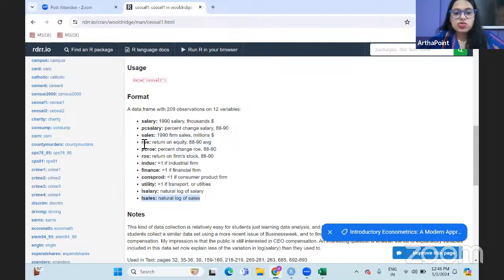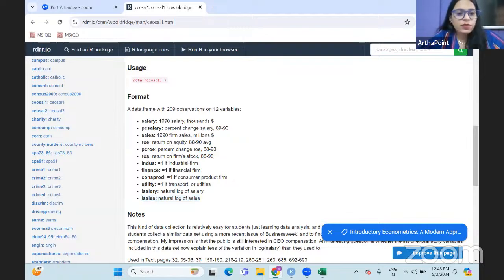And you are also given the return on equity and the return on stock. So if you go back to the question, we wanted to regress salary on log of sales. So this log of sales variable is already given to us, so we will just regress on this.